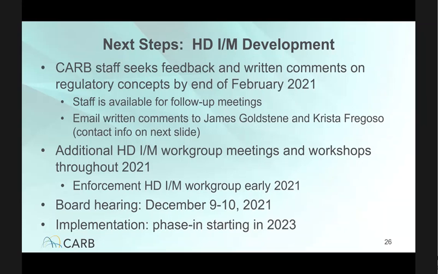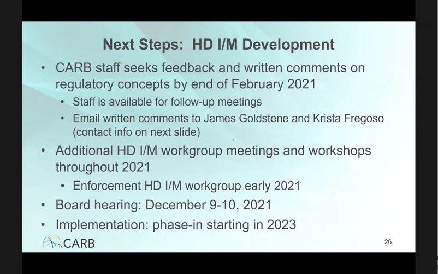I do want to let you know we are planning on having another heavy-duty I&M work group meeting in early 2021, probably in February, and it's going to specifically focus on enforcement efforts. As you noticed in our presentation today, we didn't talk about any violations or what types of actions would be a violation, or what happens if you get a notice to correct or a citation.